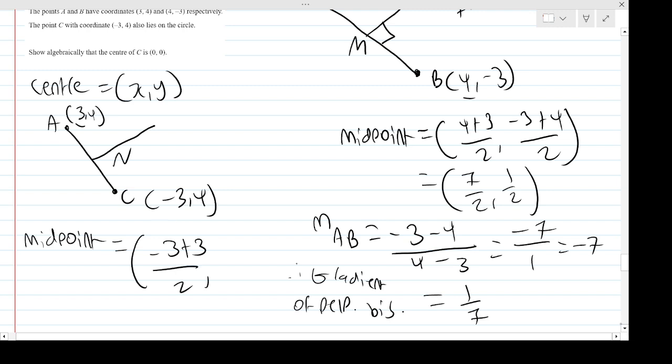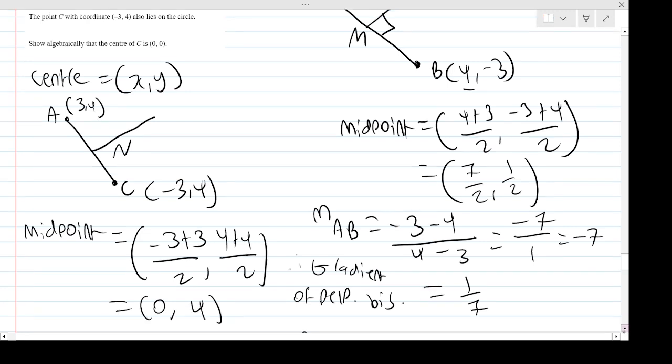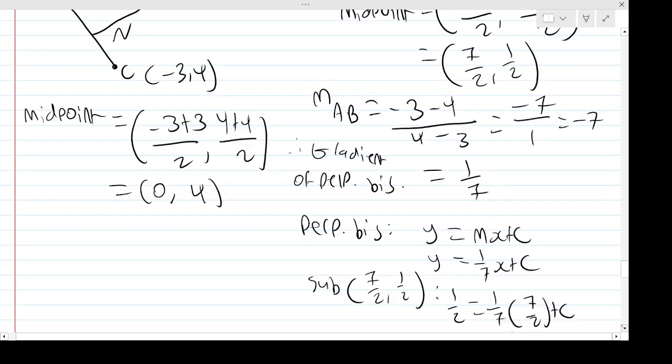Then we add the y values together, so 4 add 4 over 2. Minus 3 add 3 will be 0, so that'd be 0. Then 4 add 4 over 2 is 8 over 2, which would be 4. Right, so that's the midpoint.